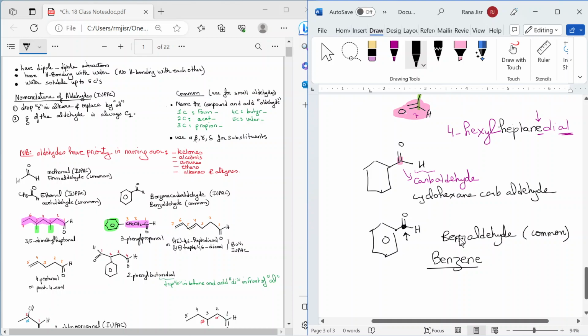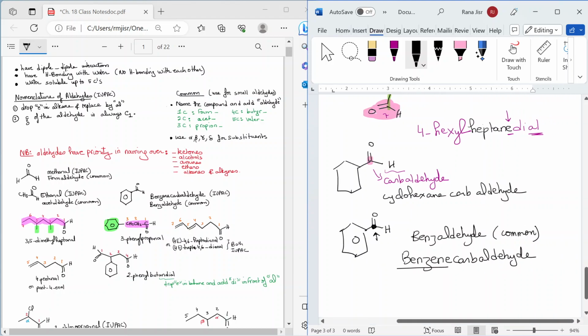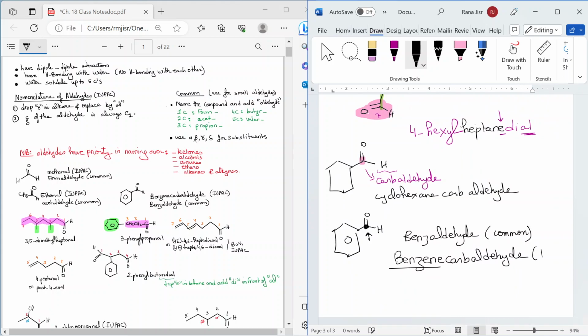If you use benz, benz means that you have a benzene connected to a carbon because you are working with the benzylic carbon. So now that is going to be a benzene. I separated that carbon, so now I have to name it alone, and the name is going to be a carb and then an aldehyde. And all of those are going to be one word. There is no separation between them. Benzenecarbaldehyde is considered to be an IUPAC name.